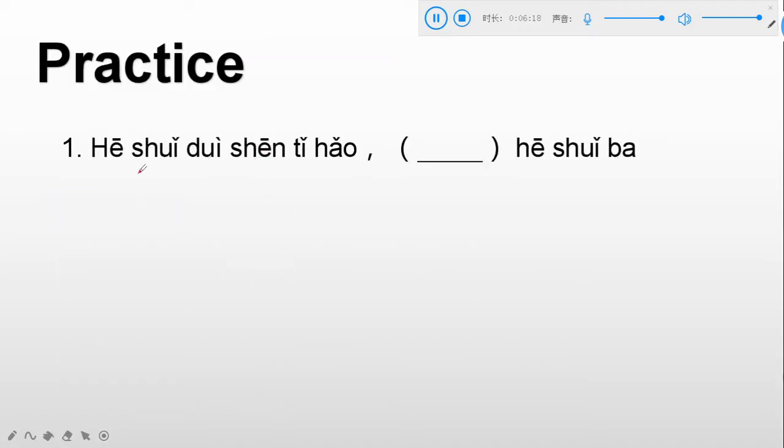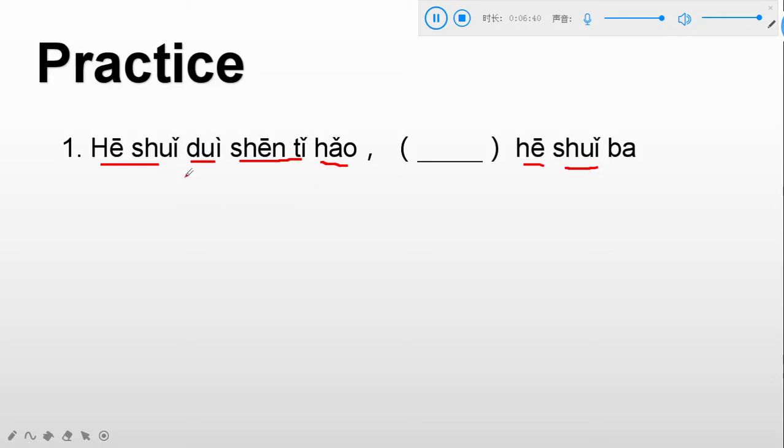A. 喝水对身体好。喝水吧. 喝水 means drink water. 对 is to or for. 身体 is body. So 对 something means for something or to something. 好 is good.